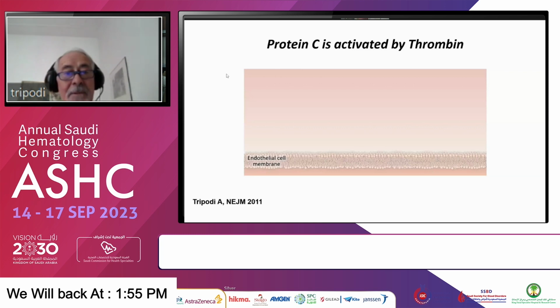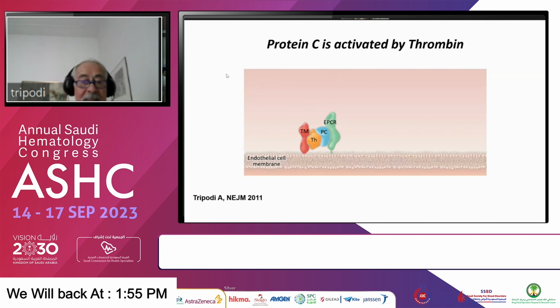In fact, protein C is activated by thrombin on the membrane of endothelial cells, where there are some receptors. The first one is the EPCR, which is the receptor for plasma protein C. Very close to the EPCR, there is another receptor, which is called thrombomodulin. This is the receptor for free thrombin.